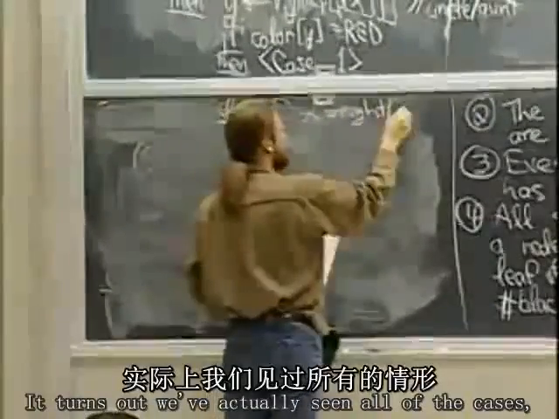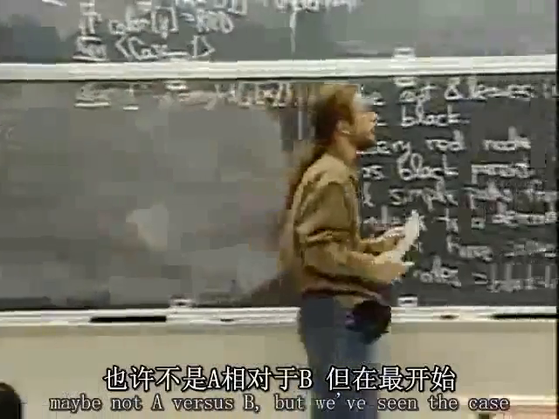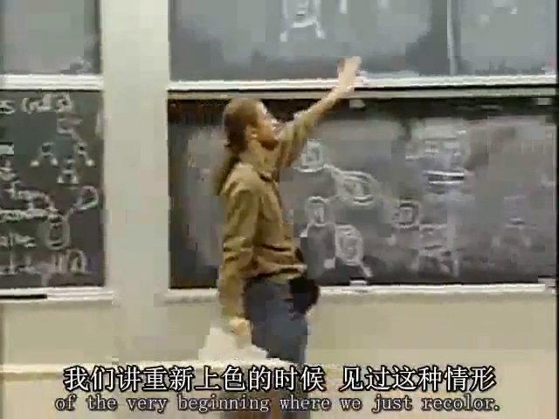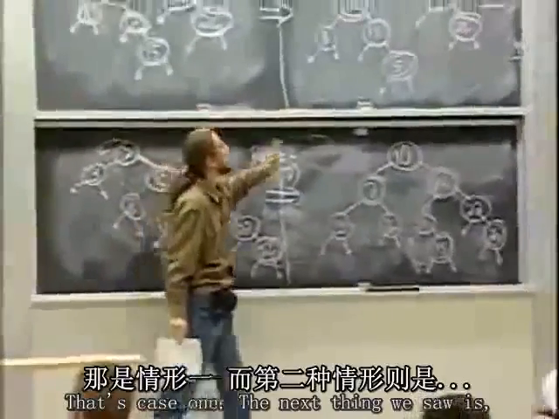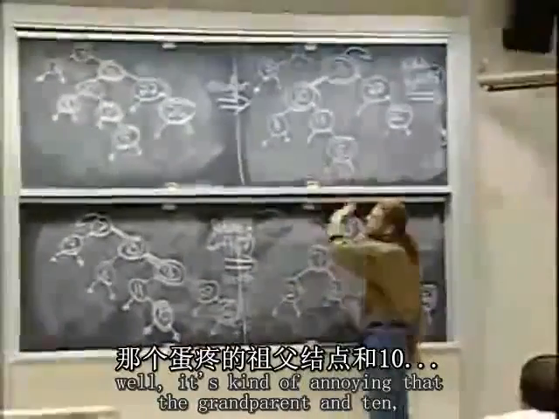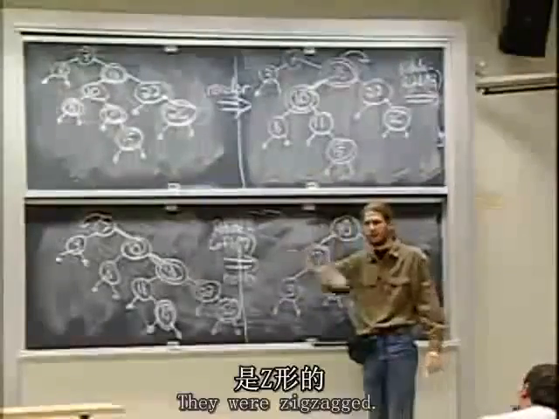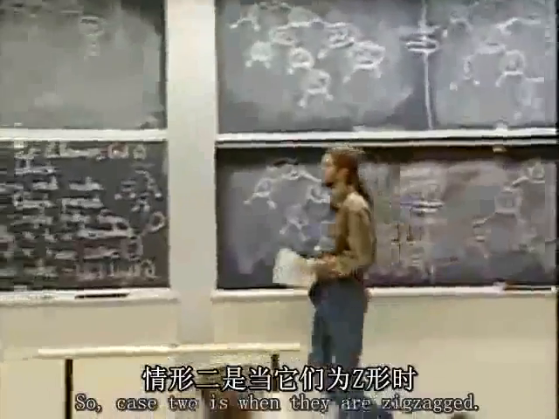It turns out we've actually seen all of the cases, maybe not A versus B, but we've seen the case in the very beginning where we just recolored, that's case 1. The next thing we saw is it was kind of annoying that the grandparent and 10, so 7 and 10 were not straight, they were zigzagged. So case 2 is when they're zigzagged.